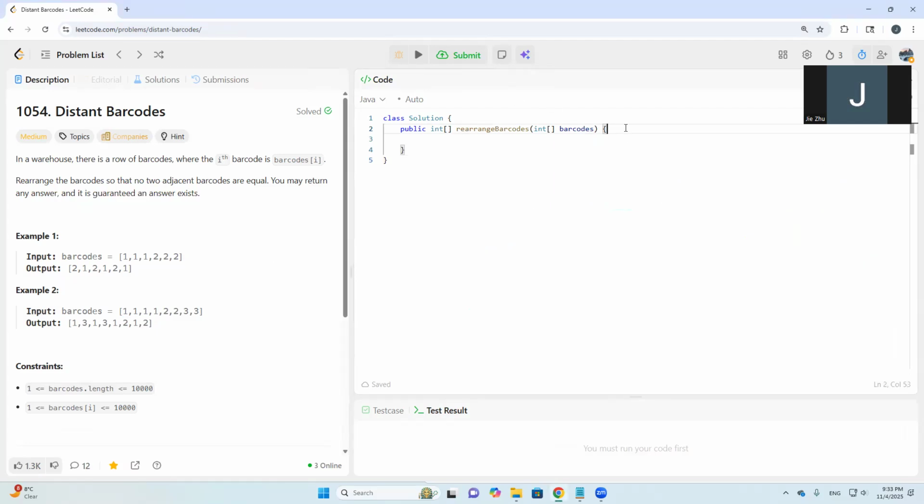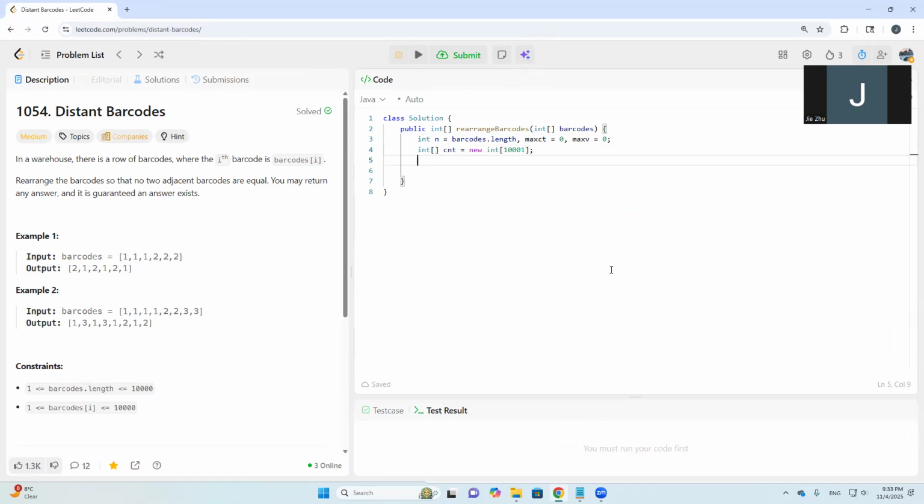We're going to have int n equals barcodes.length, and we have a maxCount equals zero, and we can also have a maxValue equals zero. We can have counts equals new int of size 10,001, because the numbers should be smaller or equal to 10,000.